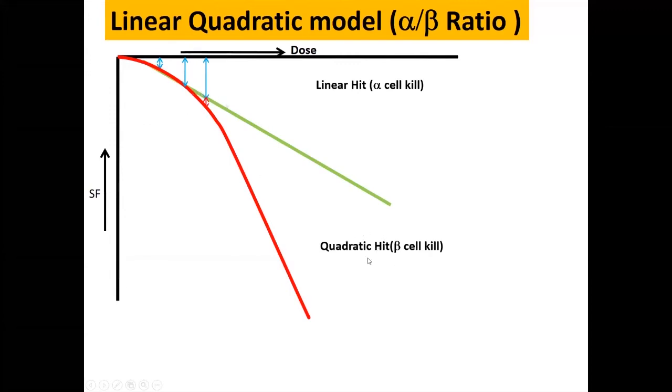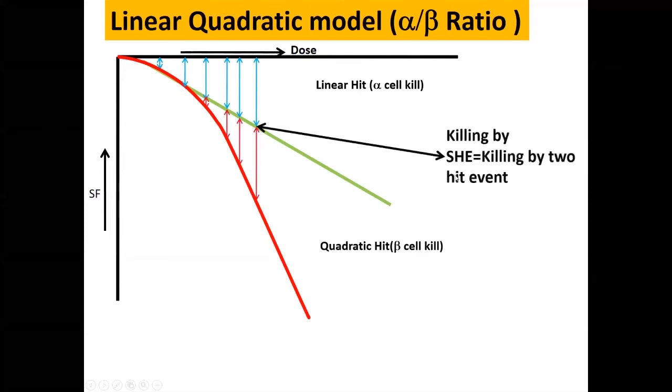As you further increase the dose, the contribution by quadratic hit or beta cell kill keeps increasing. At this dose, you will appreciate that the heights of these two arrows are exactly similar, which means that at this dose the single hit kill is equal to the two hit events or double hit kill. Or we can say that linear kill is equal to quadratic kill.